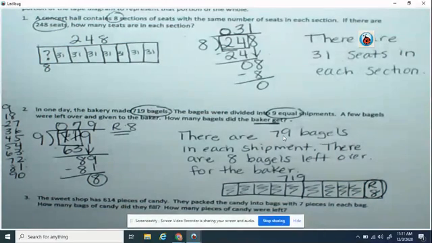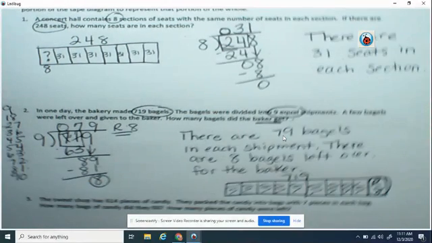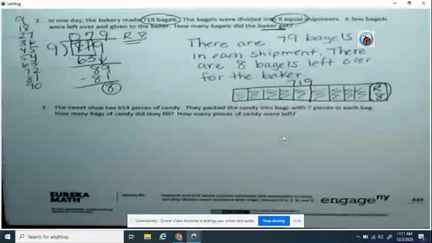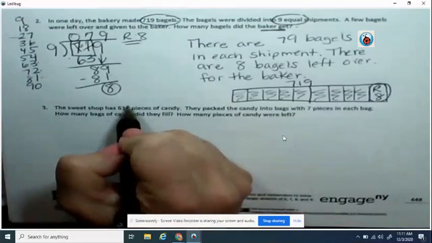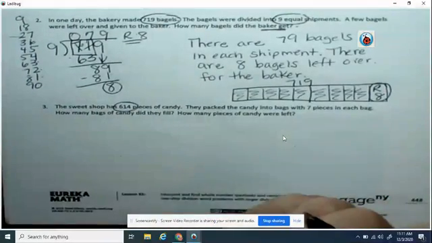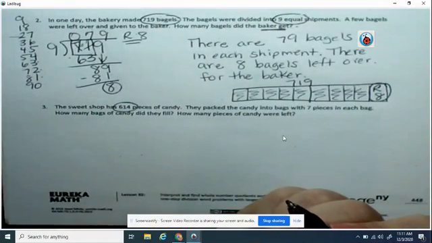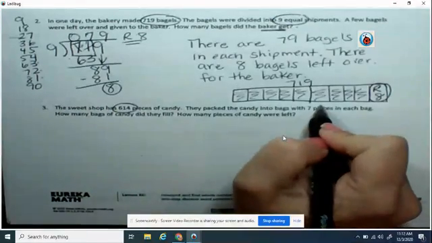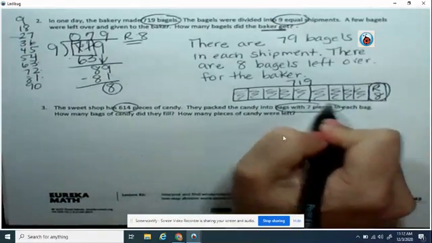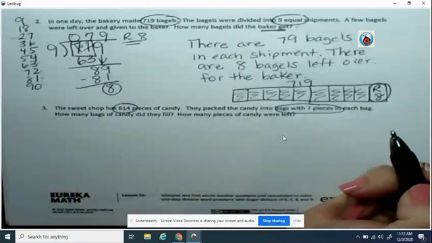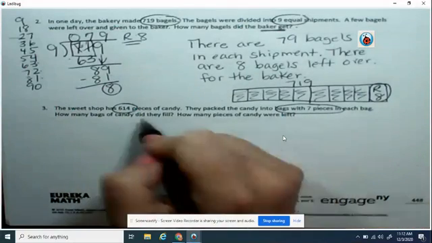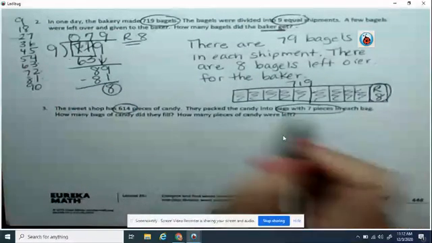All right, let's do this last one together. I might have to adjust this so that it's, there we go. All right, the sweet shop has 614 pieces of candy. They pack the candy into bags with 7 pieces in each bag. How many bags of candy did they fill?